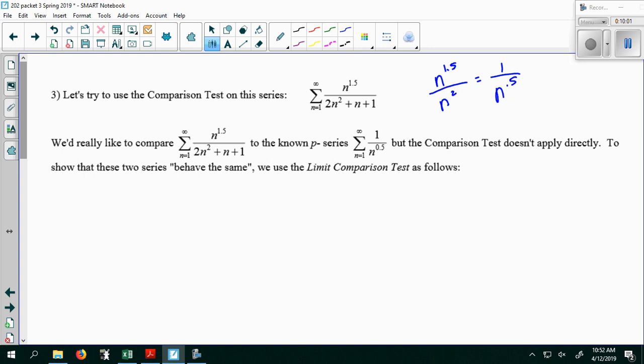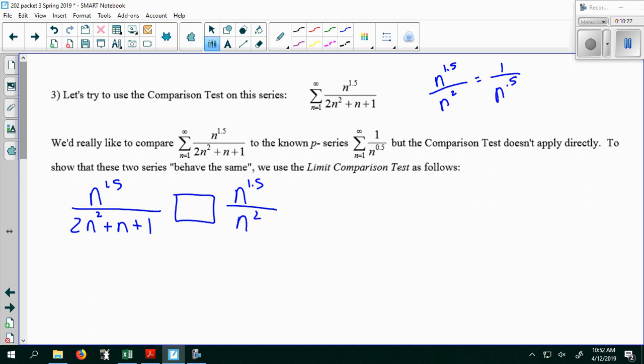So I would like to compare to 1 over n to the 0.5, but when I do my comparison, I'm going to have n to the 1.5 over 2n squared plus n plus 1, and I want to compare that in terms of size to 1 over n to the 0.5, which is the same thing as n to the 1.5 over n squared.